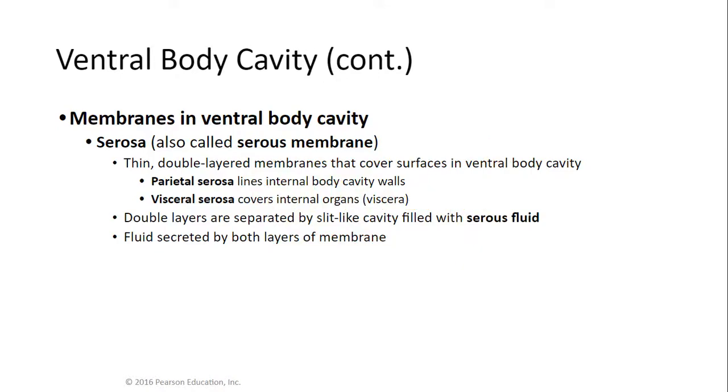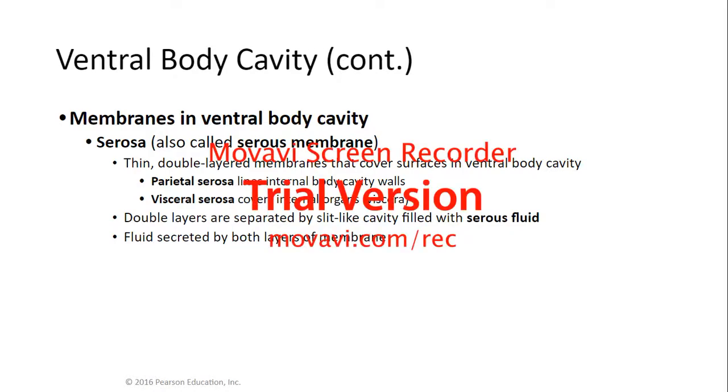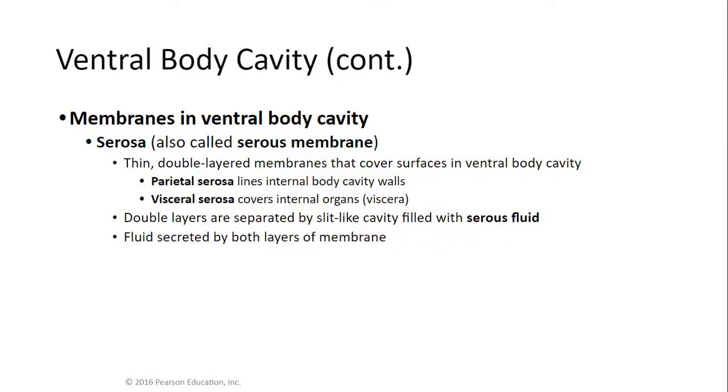Then say in that room you have a desk. The visceral serosa would be if you put some kind of plastic or laminate covering around that desk, lining that desk. That would be a visceral serosa.